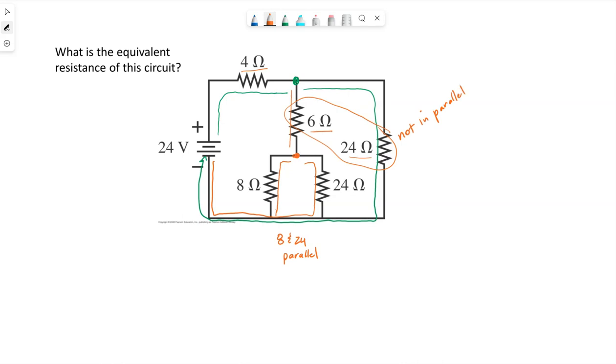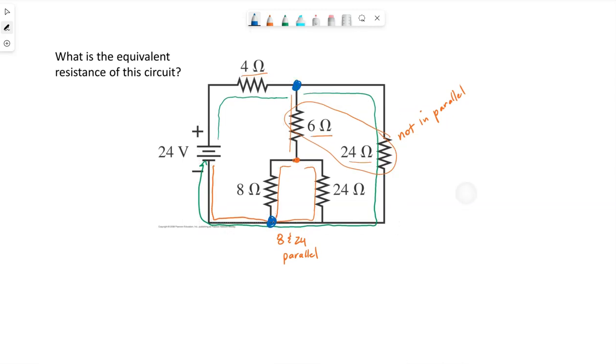What is in parallel is everything between these two junctions. Because regardless of how I go from that top junction to the bottom one, I could go this way, and then to here, or this way to here.